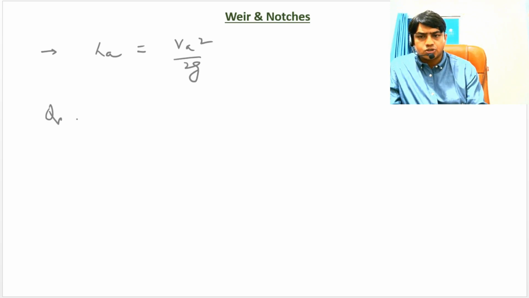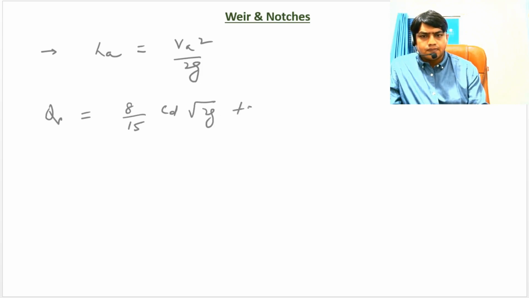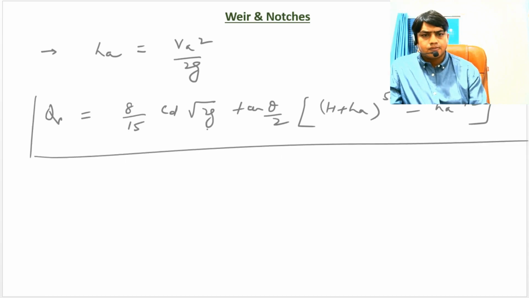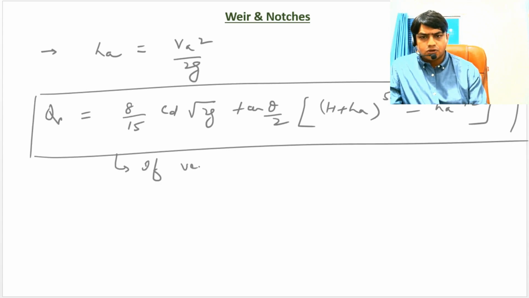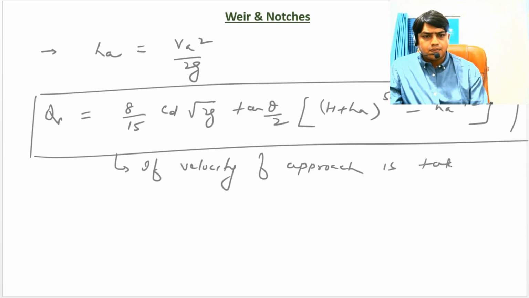Then the expression can also be written as 8 by 15 CD root under 2g tan theta by 2 into (H plus HA) to the power 5 by 2 minus HA to the power 5 by 2, if velocity of approach is taken into account.